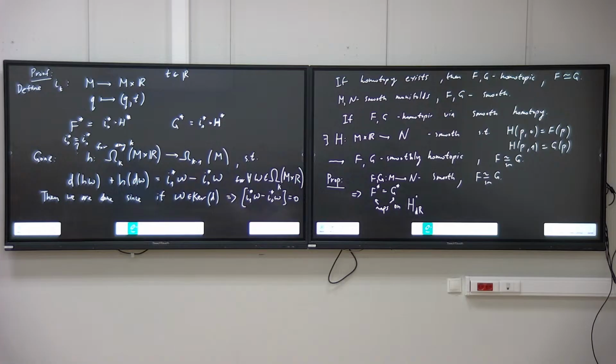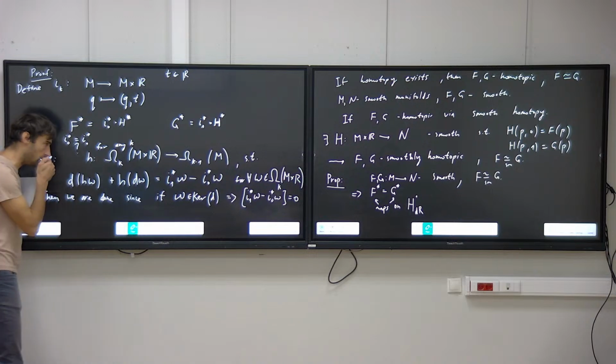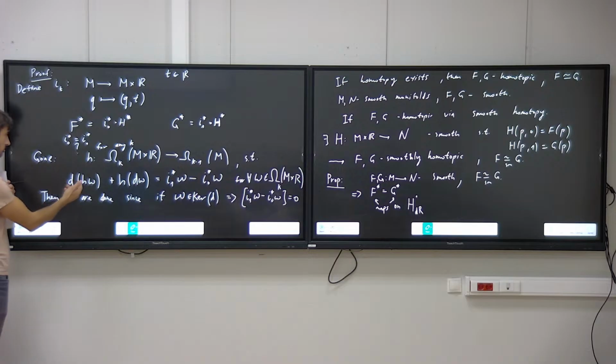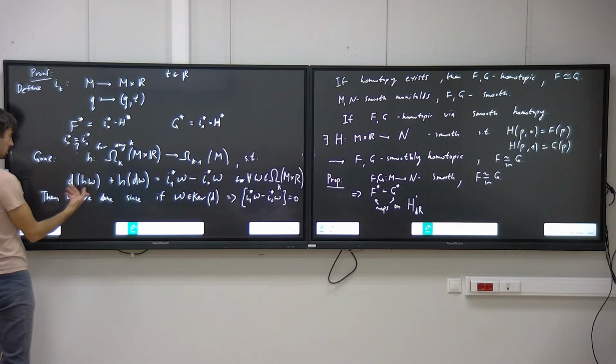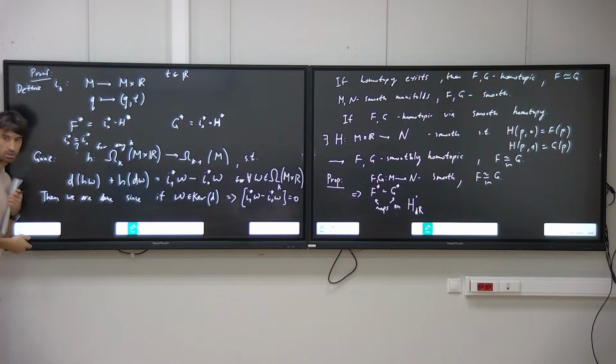Excuse me, is it supposed that the leftmost term is 0? Or should we also prove it? It's not 0 as a form, but it is 0 when we consider its projection to homology. And homology is kernel quotient by image. Right, so I have to take something from the kernel and quotient by the image. So this is in the image.